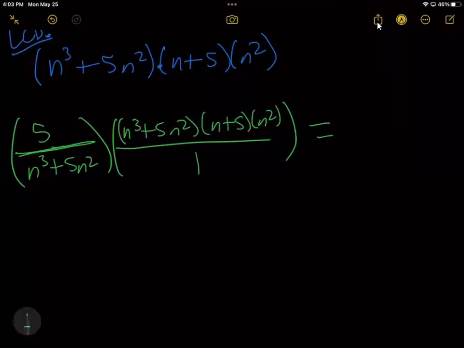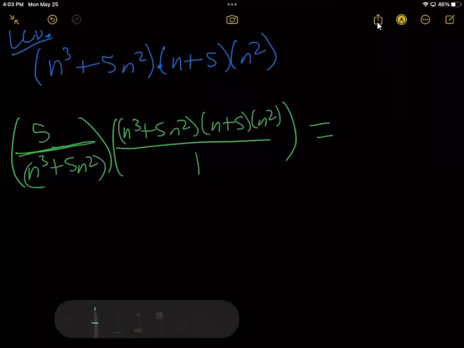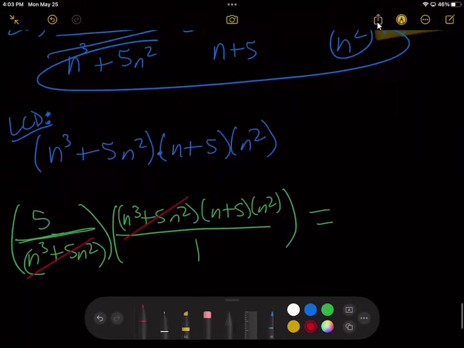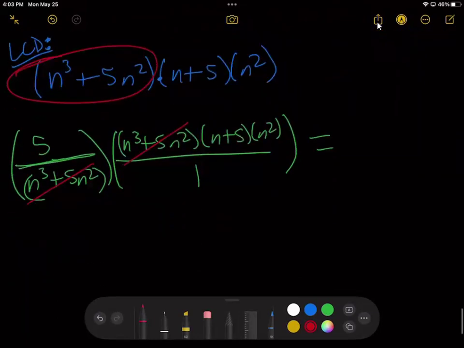Here I can cancel out this term with that term in my least common denominator. We see that, right? So that canceled out and got rid of that one, which was one part of our least common denominator. And it got rid of the denominator on the term that we got it from.